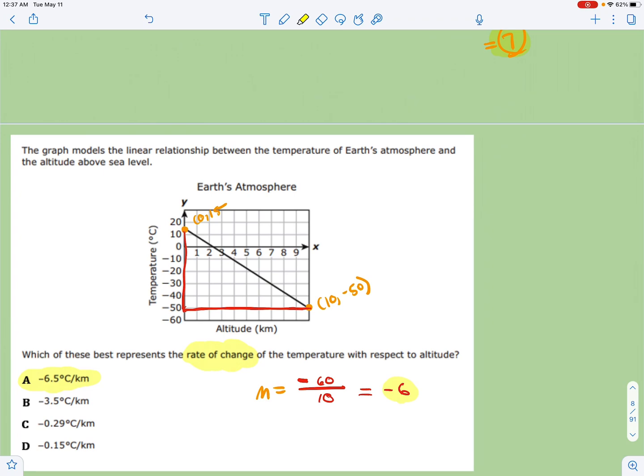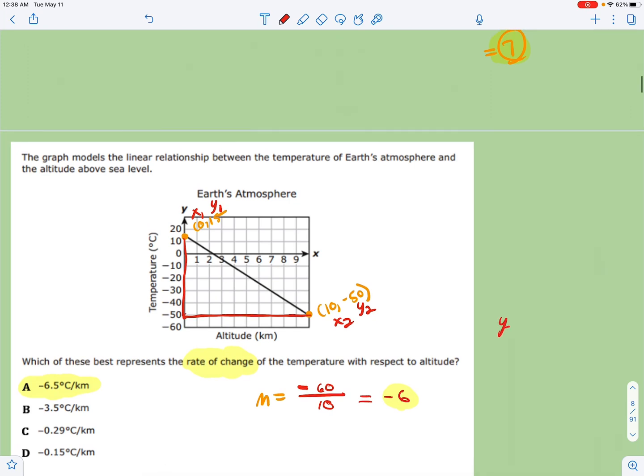Maybe you don't like rise over run. That's fine. You could definitely make this your y2 and your x2, and this your x1, y1. Plug it into the formula.